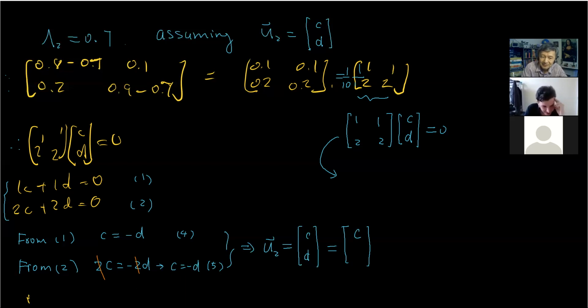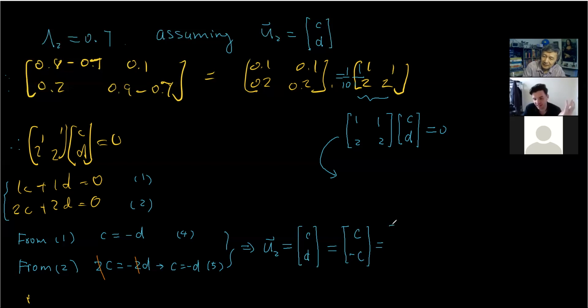It would be -C. Yes. One more step. You got C, identical. Can you see the cofactor? You can factorize that.